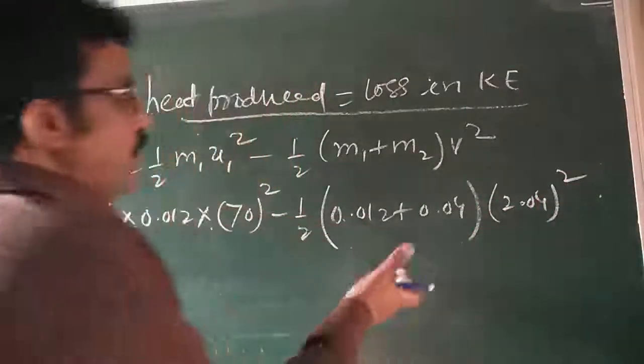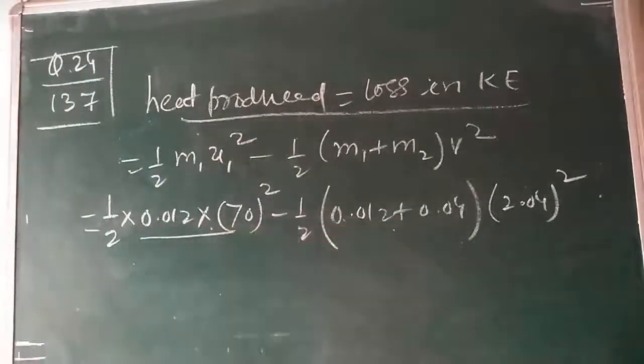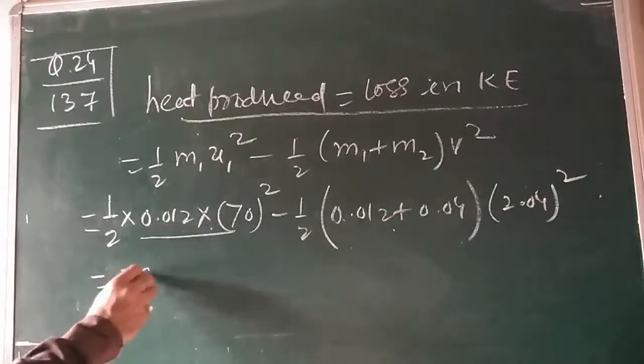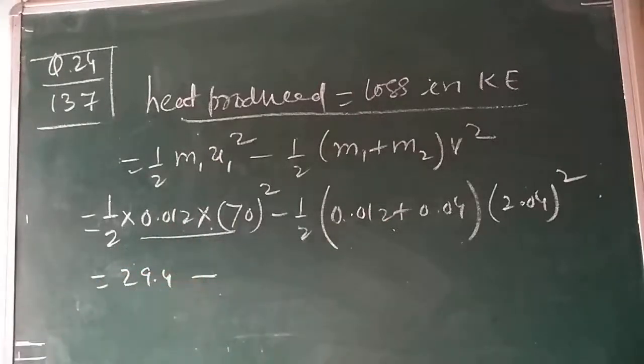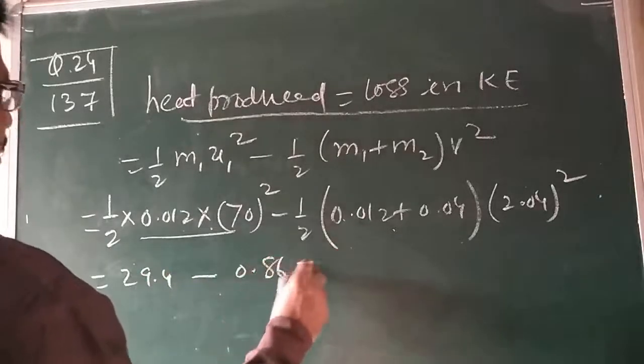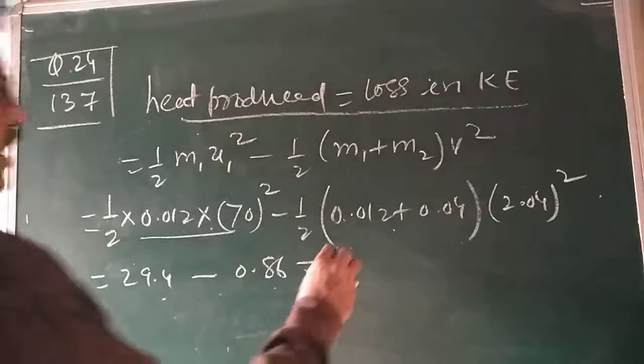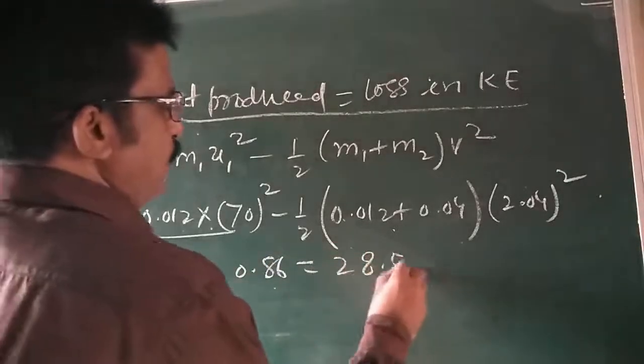Then again the important thing is calculation. Multiply all. When you solve it, you will get around 29.4, and when you solve this, 0.86. Then subtract it. That is around 28.54 joule.